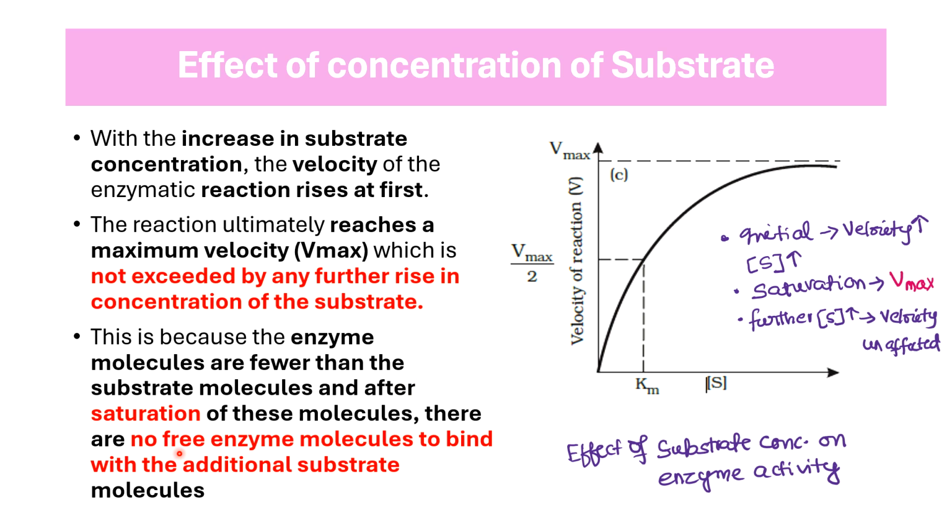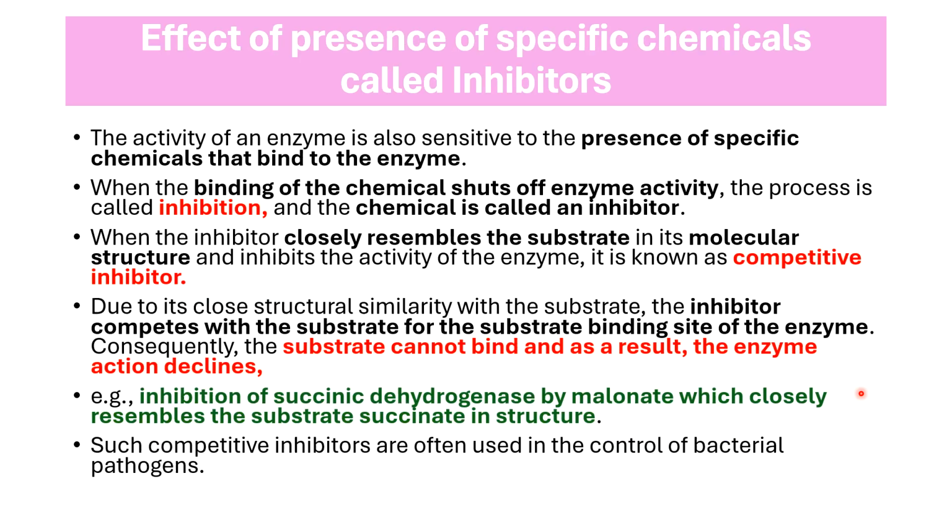That's why, as there are no free enzyme molecules to bind to the additional substrate molecules, the velocity or the rate of the reaction or the enzymatic activity becomes constant and does not increase with any further increase in the substrate concentration. I hope you are clear about the effect of concentration of the substrate.